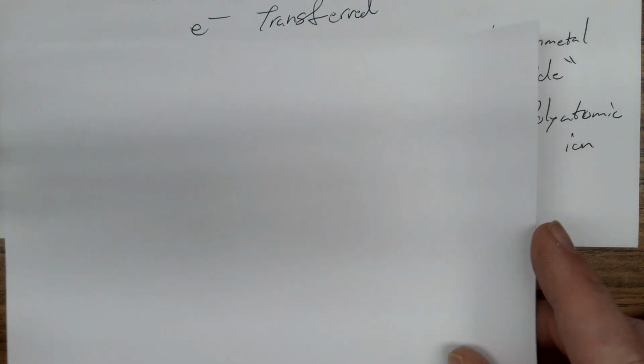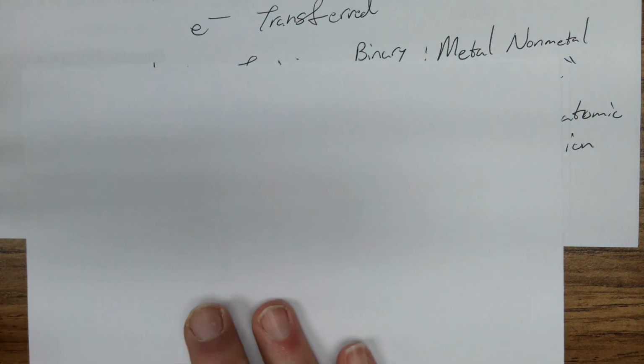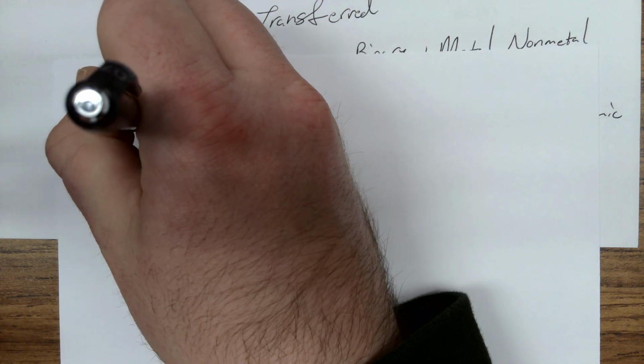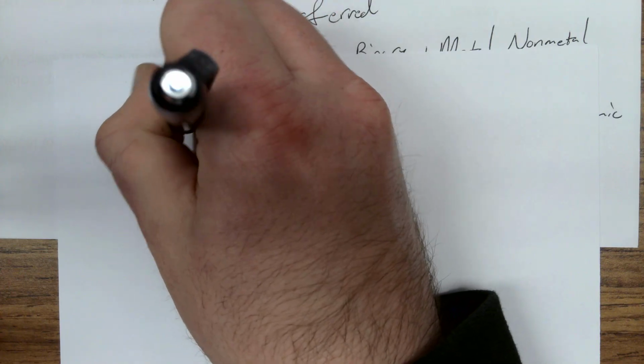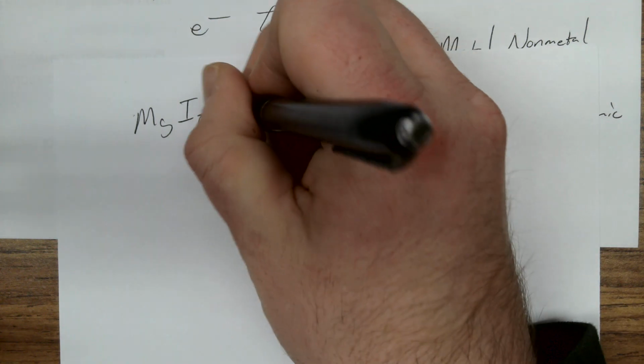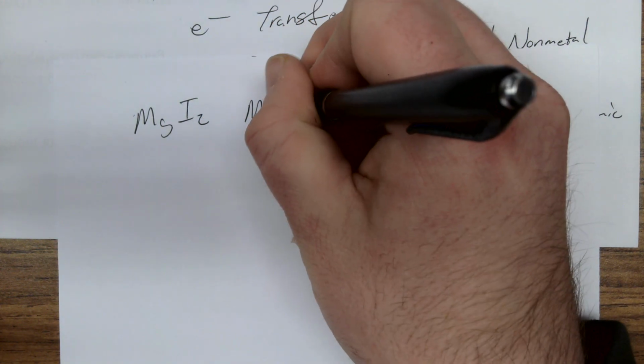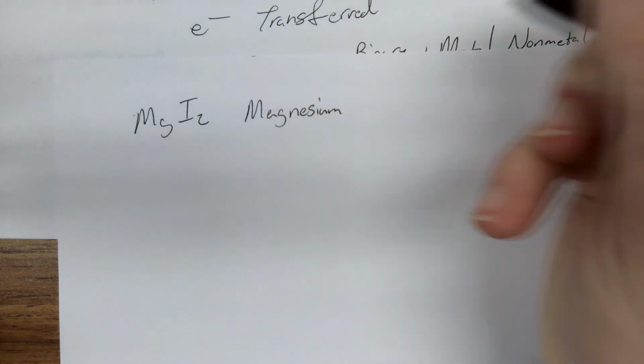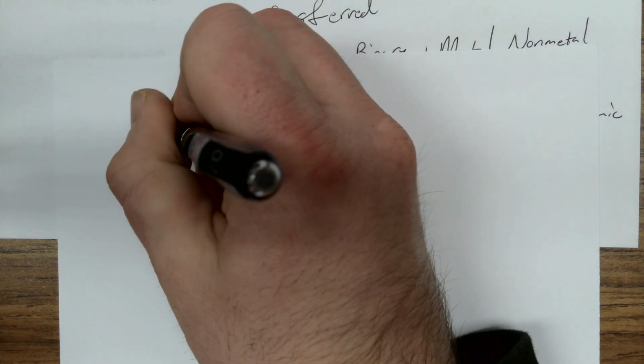If I had something like, let's see, MgI2. What's my metal here? Magnesium. What's the I represent?